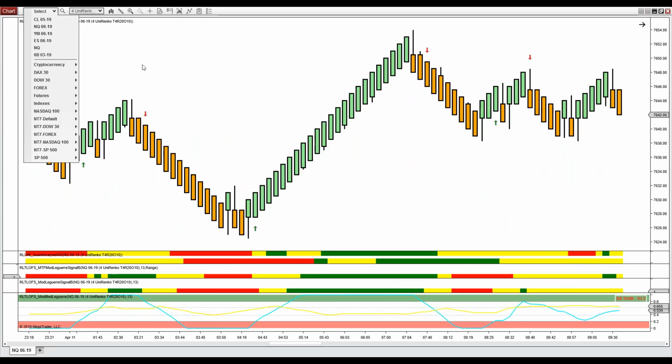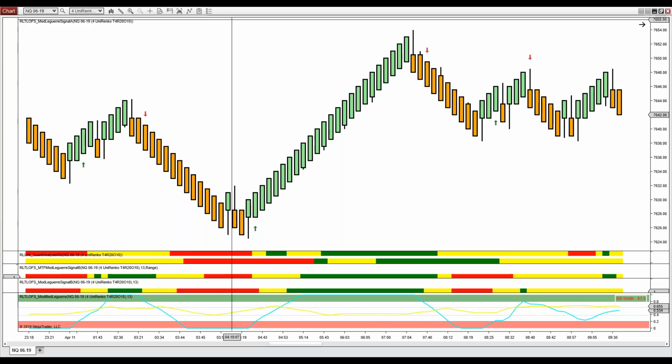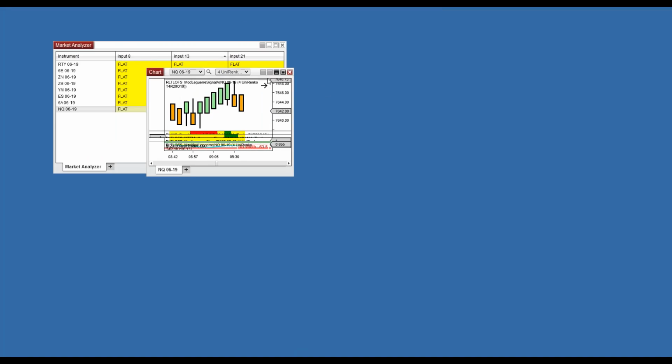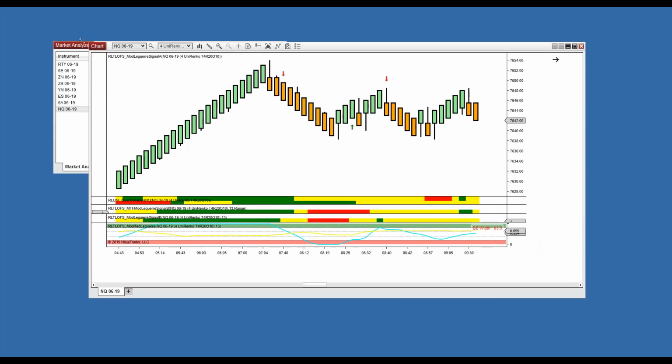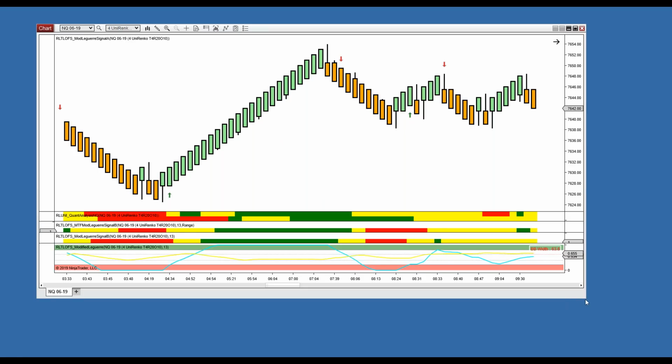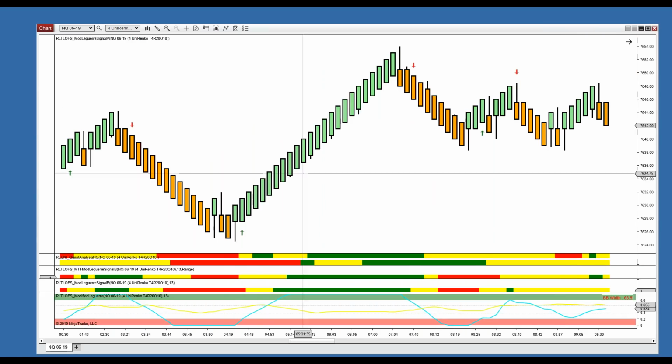Now if I do this, it might drop Ninja, because every time you change the instrument in the window, sometimes it gives me a shot, although NinjaTrader loads so quickly.